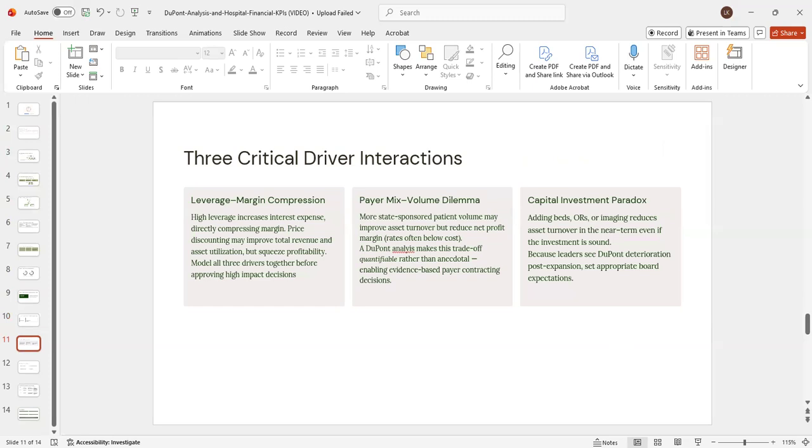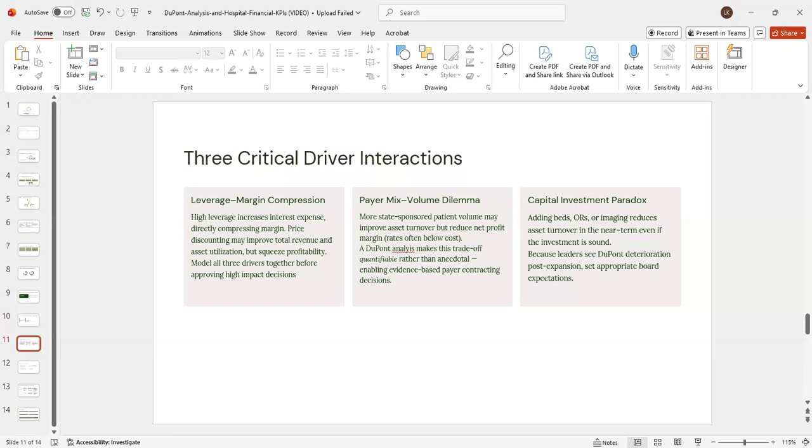So now we have talked about each of the three components of the DuPont equation. We looked at each of them, and looked at the operational performance indicators that you can manage to get to the higher levels of the three metrics: net profit margin, asset turnover, and better leverage ratios, so that you can maximize the ROE of your organization.